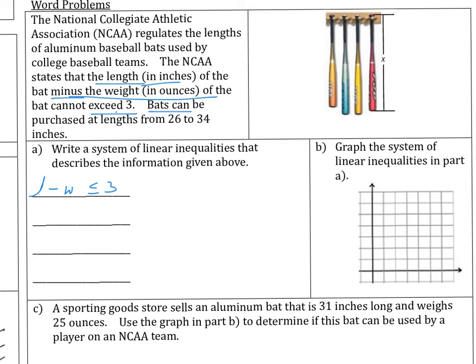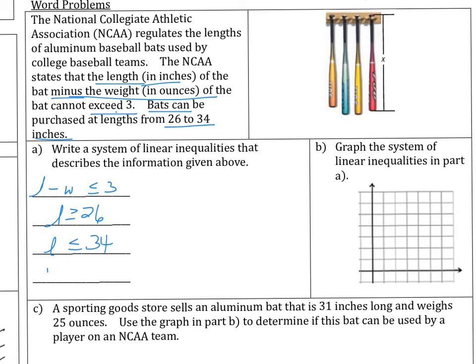And the bats can be purchased at lengths from 26 to 34 inches. So we can say the length is greater than or equal to 26, meaning it cannot be lower than 26, and the length has to be less than or equal to 34.